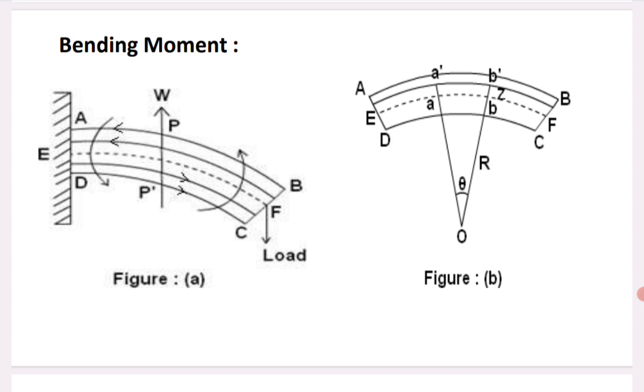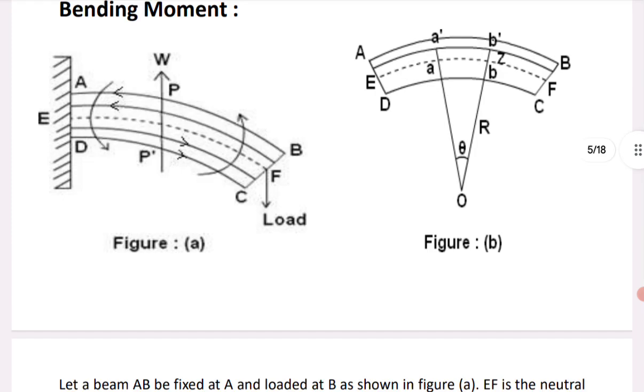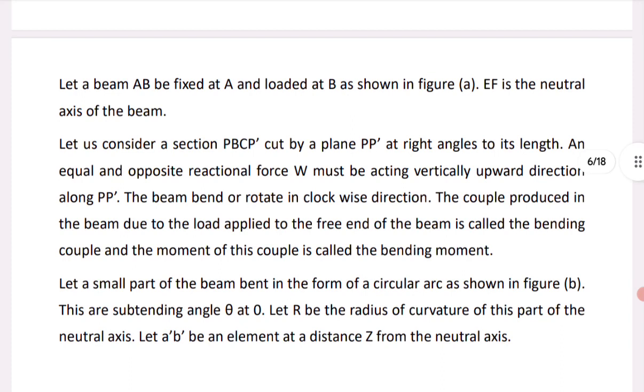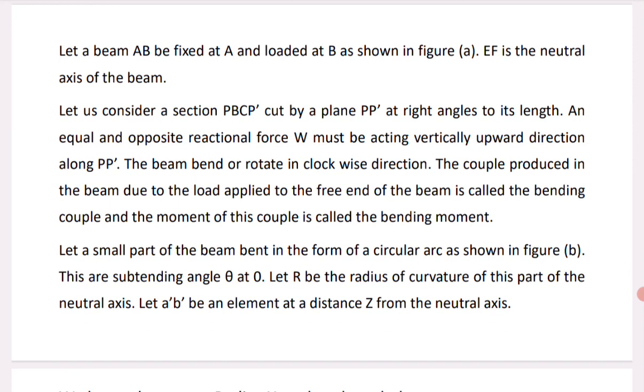Both the lines will meet at point O. That indicates, if you draw an imaginary circle where O is the center of the circle, then A dash B dash and AB are arcs of circles. Theta is the angle subtended by the radius vectors.